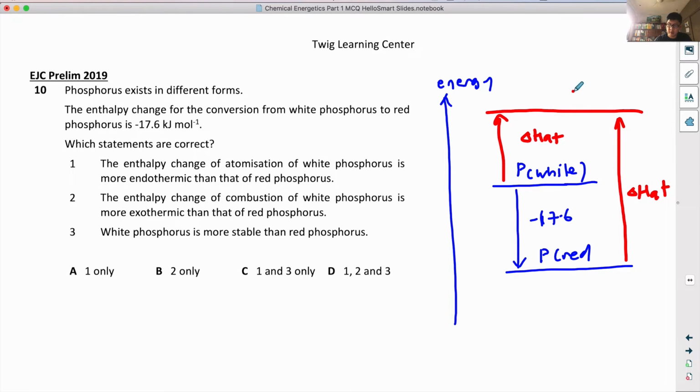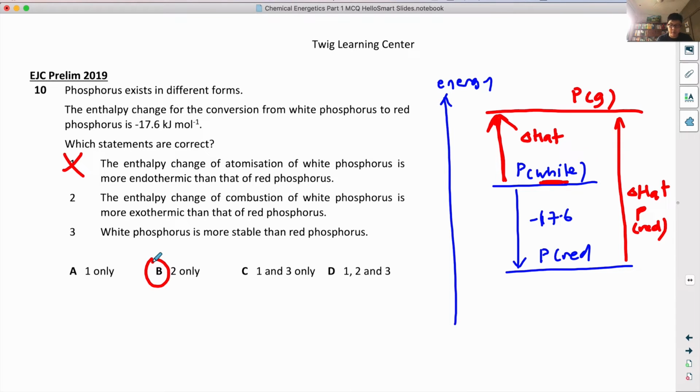Okay, so this becomes phosphorus gas. So is it true that atomization of white phosphorus is more endothermic? It's not true, because white phosphorus here is actually less endothermic compared to the atomization of red phosphorus. Can you see that? So one is out. Okay, so I can eliminate. In fact the answer is actually B already, right? Because I already eliminated one. Okay, but just run through.